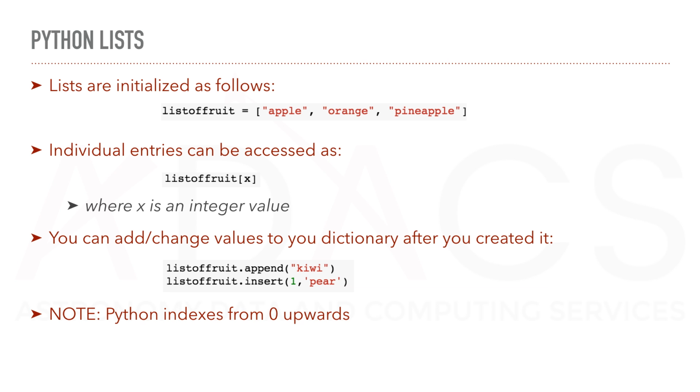You can access individual items in the list by calling your list name, immediately followed by square brackets with an integer of the item that you want to access. Now, it's very important to note that indexing in Python starts at 0 and not at 1. You can modify your list by appending new items to the back of the list or adding them into specific positions that you can write. You can also overwrite existing entries or remove them.